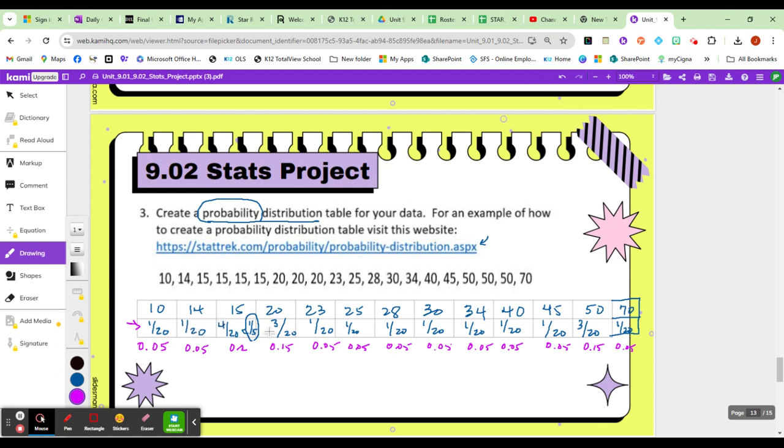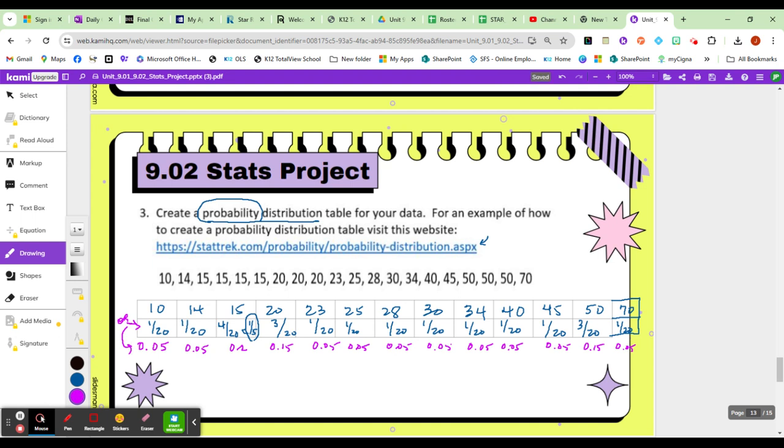And then that's 6 20ths, 9 20ths, 10 20ths, 11, 12, 13, 14, 15, 16, 19 20ths, 20 20ths. That adds up to be the whole number 1. That's just a way for you to check your probabilities. All your probabilities should add up to be 1. And if you add up all these decimals in pink, they also add up to be 1. So you can do fractions or decimals here. Totally up to you. That's number 3.